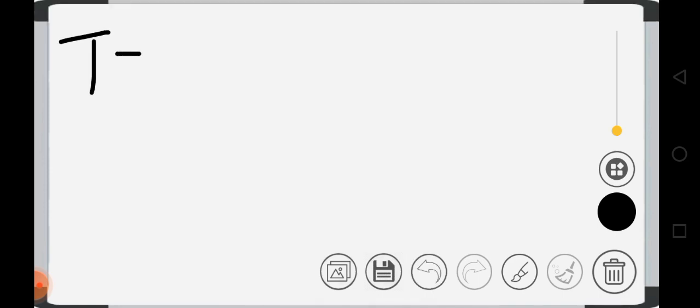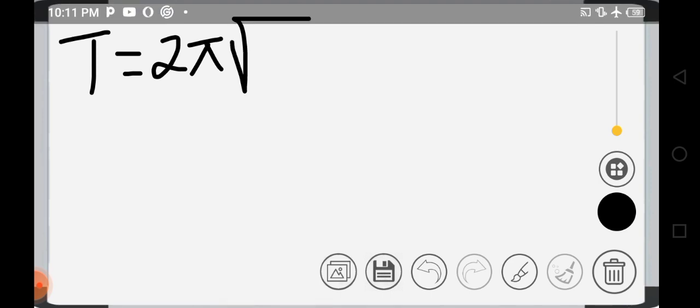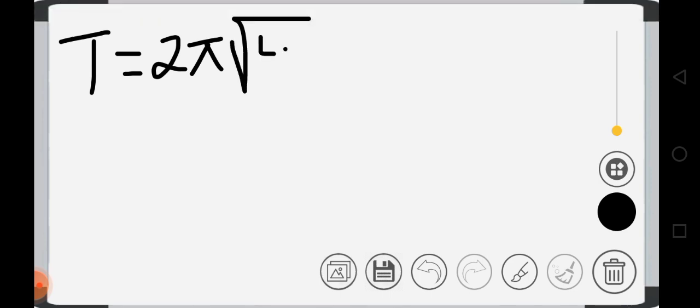T is equal to 2 pi times the square root of L minus H over G. L minus H over what?